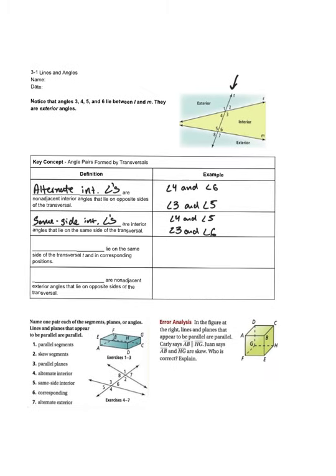Next, we have corresponding angles, which lie on the same side of the transversal T in corresponding positions. What that means is, let's look at the left side of the transversal.